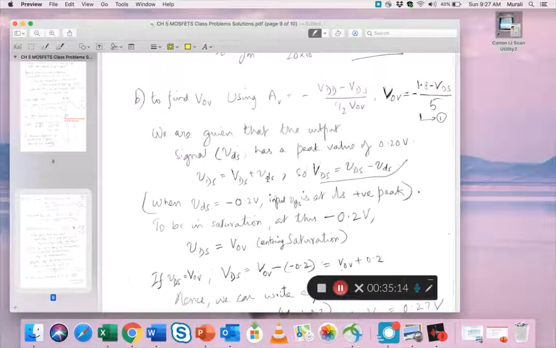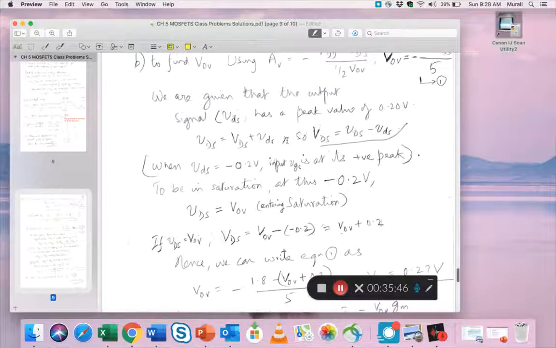So that's exactly what is going on here. So the first equation, I've used this formula, and to find VOV, I transfer VOV here and take gain towards the bottom. So this is then 1.8 minus VDS by 5. So I have unknown VDS, I have unknown VOV.